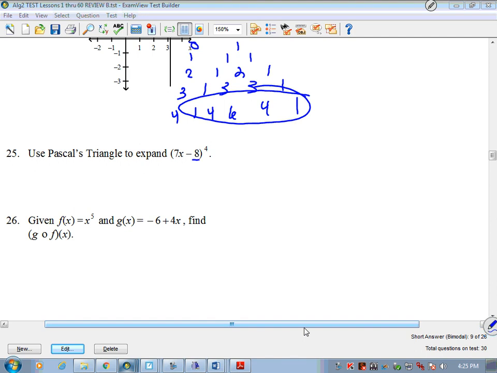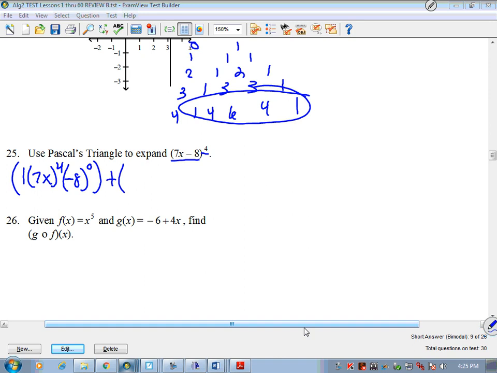Now for the rest of this, we're going to use our 7x minus 8. First we get 1 times 7x to the 4th, because we start with our largest exponent, in this case 4, times our b, which is negative 8 to the 0, plus.